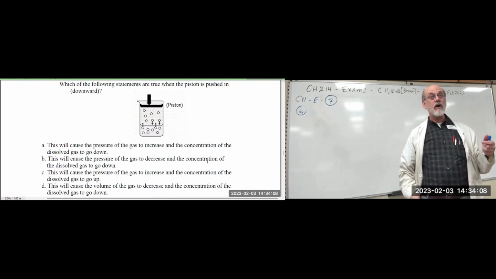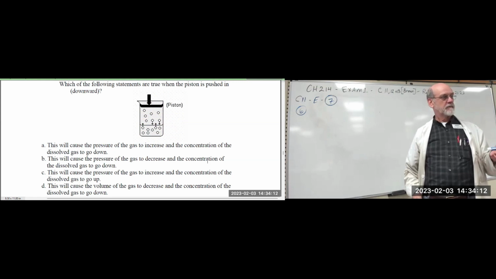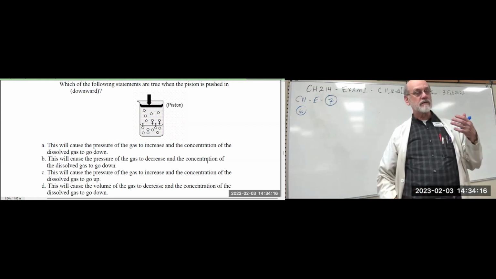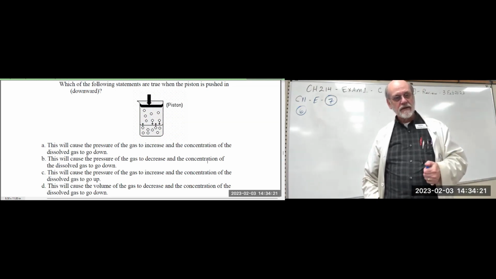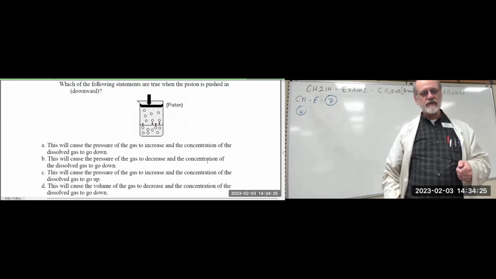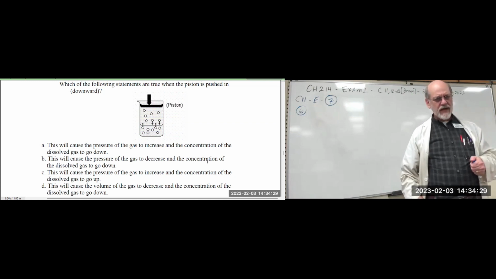No, it's the other way around. It'll cause the concentration to go up. That's Henry's law. The higher the pressure, the higher the concentration of the solute in the solution, if it's a gas. This will cause the pressure of the gas to decrease and the concentration of the dissolved gas to go down. No, the dissolved gas goes up.